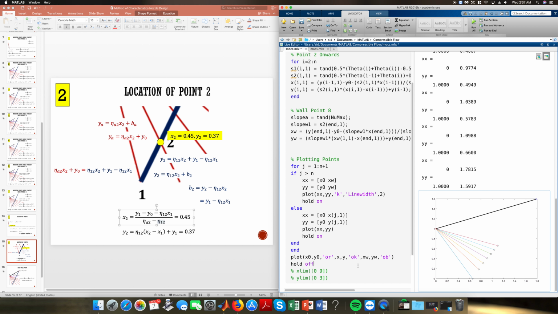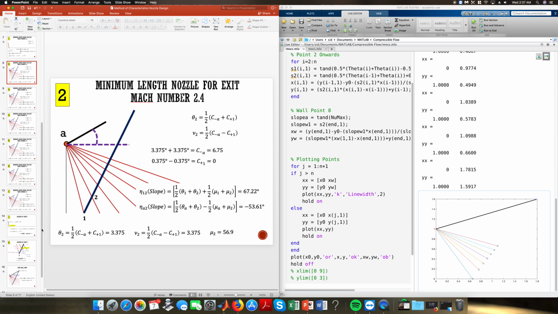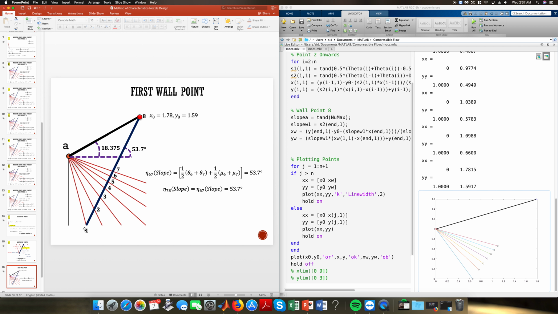It's 1 to 2. Just by using one of the left running characteristic lines, we calculated what that one slope will be. This right here is the wall, and these are all the points that we have in the graph.